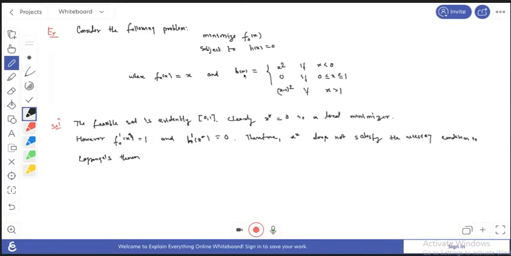Because here h(x) equals 0 is your constraint, if we differentiate this at x star, that is also equal to 0.